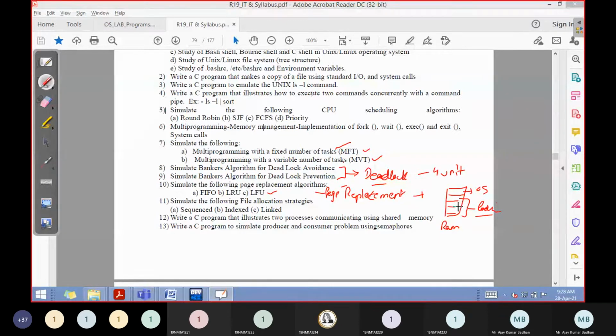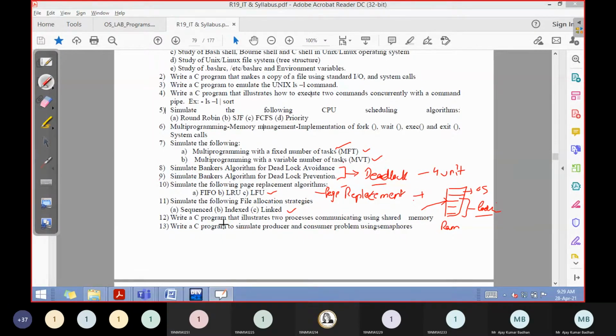Once that application completes its work, we remove that page and bring in the new page for execution. I will explain that, and after that you'll get a clear idea, and then we'll go ahead with these programs.